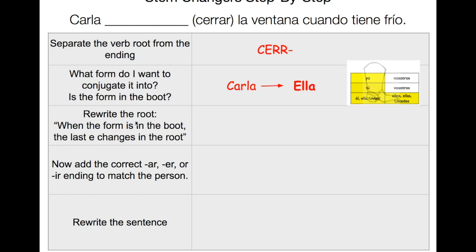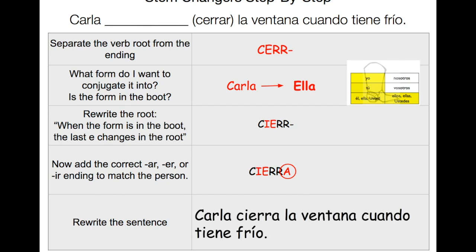Step 3, rewrite the root with a stem change. Cierr. Step 4, now add the correct AR, ER, or IR ending to match the person. Cerrar is an AR verb, so we need to add the AR ending for ella, which is a. Cierra. Rewrite the sentence. Carla cierra la ventana cuando tiene frío. Cierra is your conjugation.